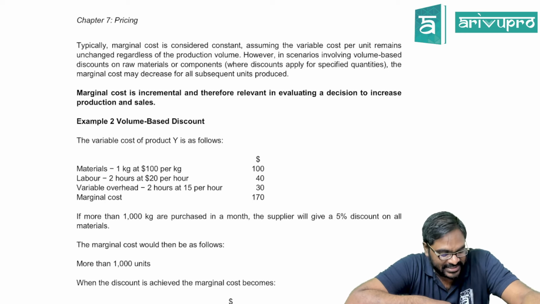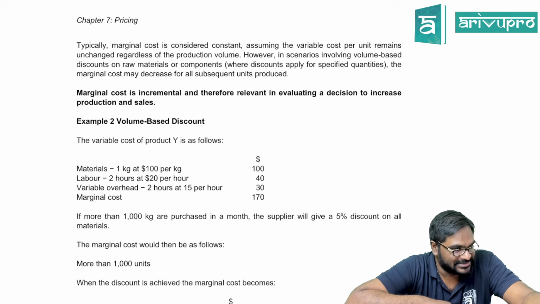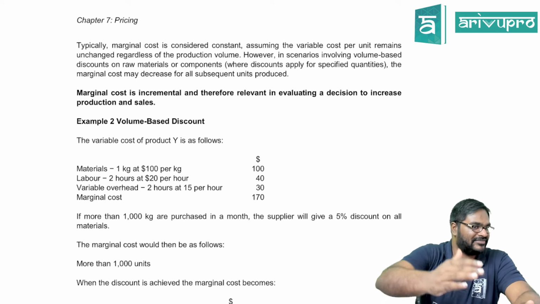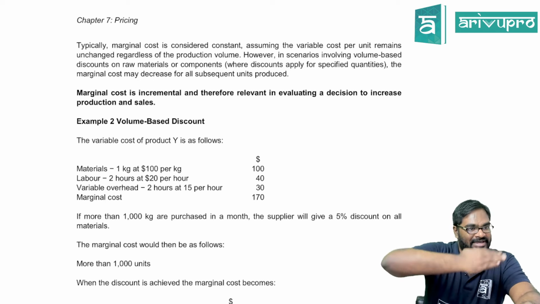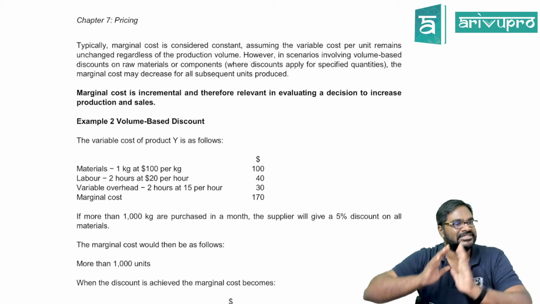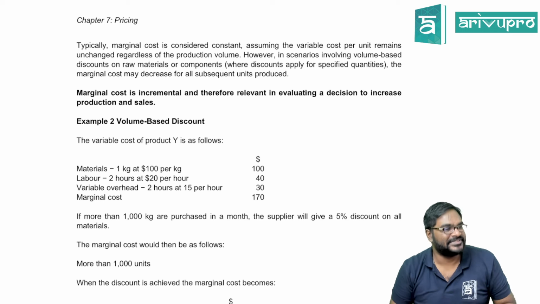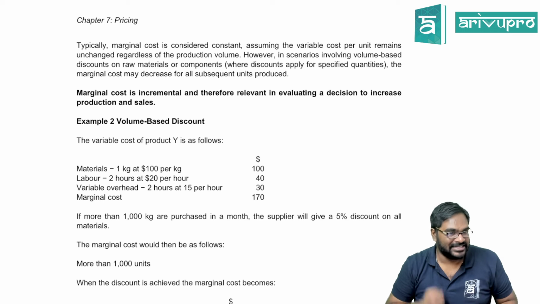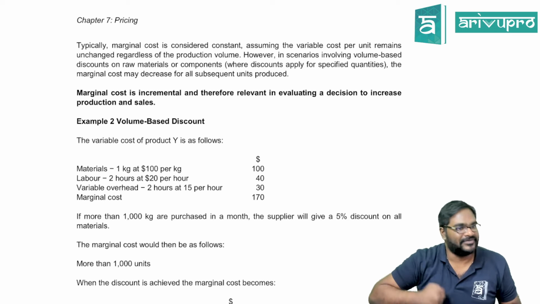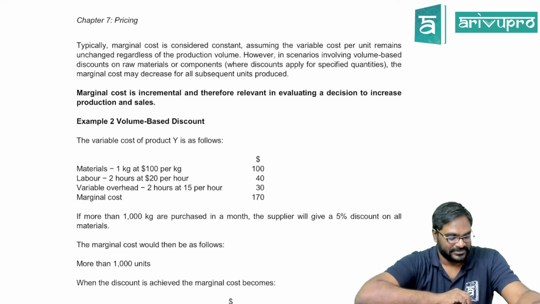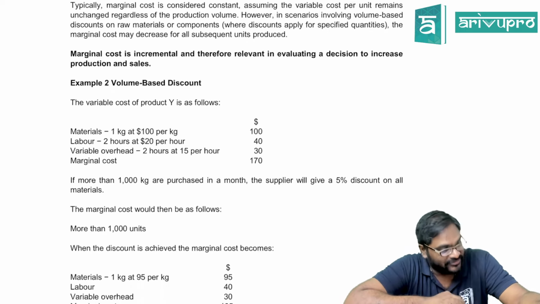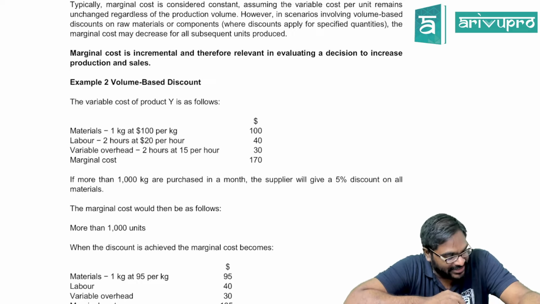If more than 1000 units are purchased in the month, the supplier will give a 5% discount on all materials. That means now our material cost might come down if I purchase 1000 kilograms, my material cost is going to come down by 5%. So then how to calculate the marginal cost in this kind of a situation?